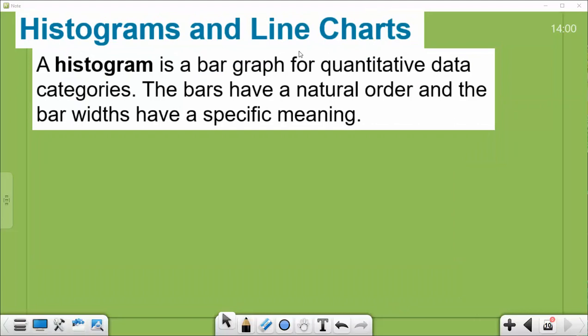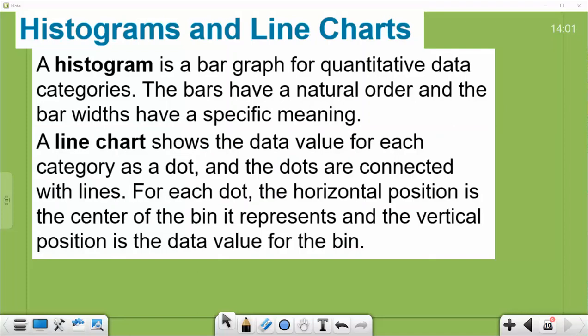Histograms and line charts. A histogram is a bar graph for quantitative data categories. The bars have a natural order and the bar widths have a specific meaning. A line chart shows the data value for each category as a dot, and the dots are connected with lines.